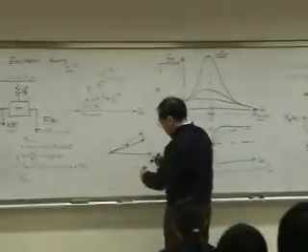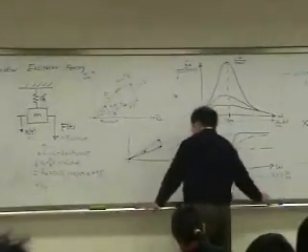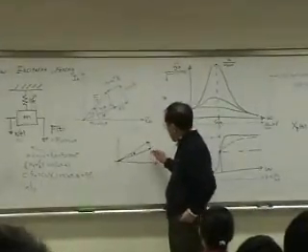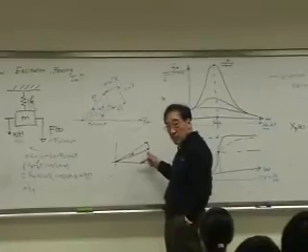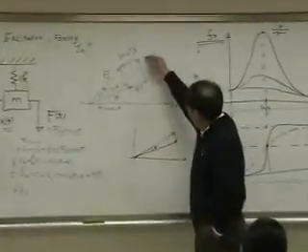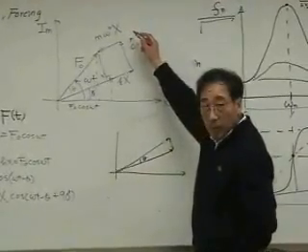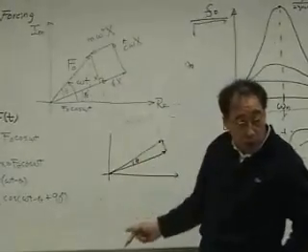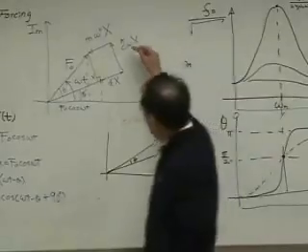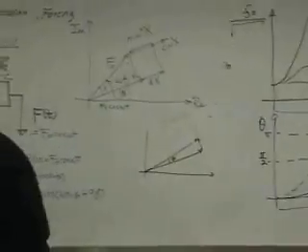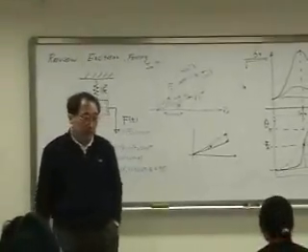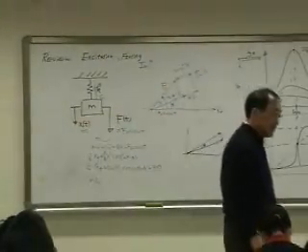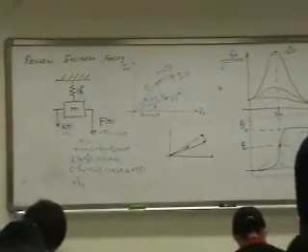Okay, if I increase the omega, then what will happen? Still this is constant, but omega goes up. Okay? Then omega square increases like this. Therefore, the phase goes to what?